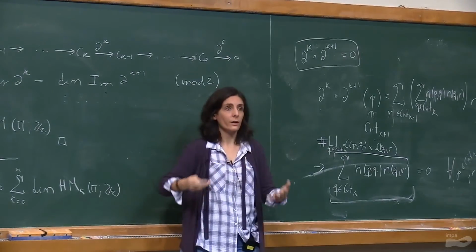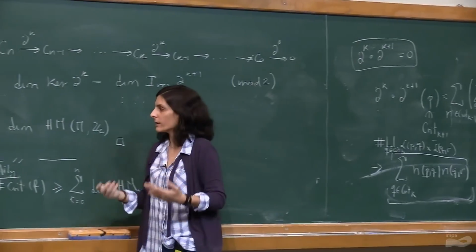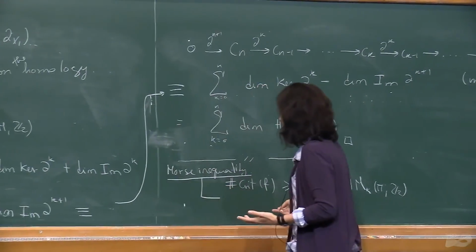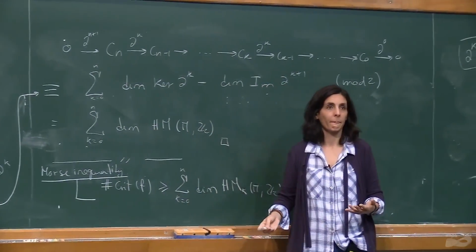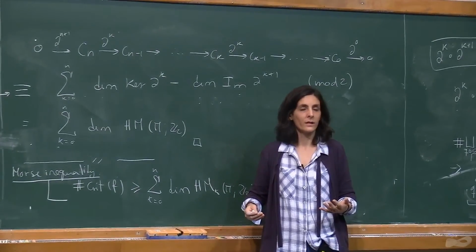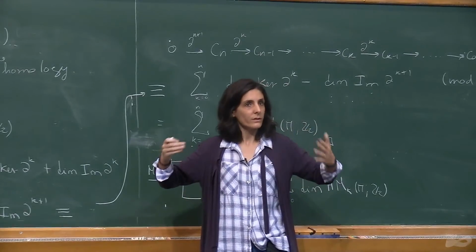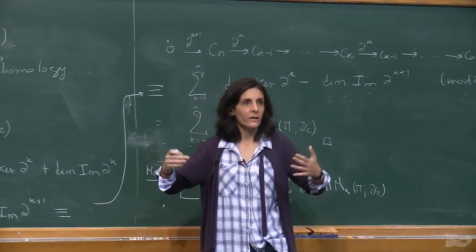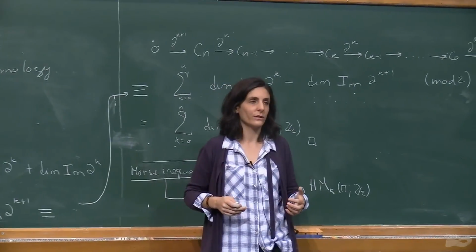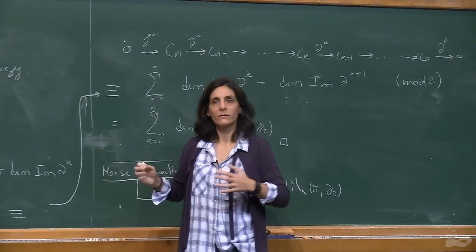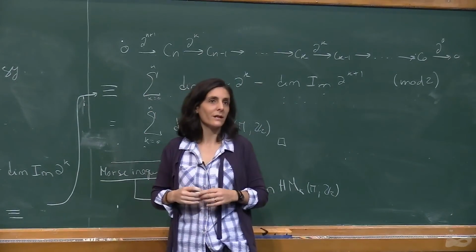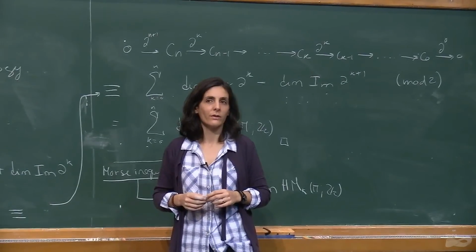And we have the invariance of the homology, and with this invariance, we can actually prove this Morse inequality. Okay? So now after the break, what I'll do is tell you about Hamiltonian Floer homology, but you should have these steps in mind when we do that.